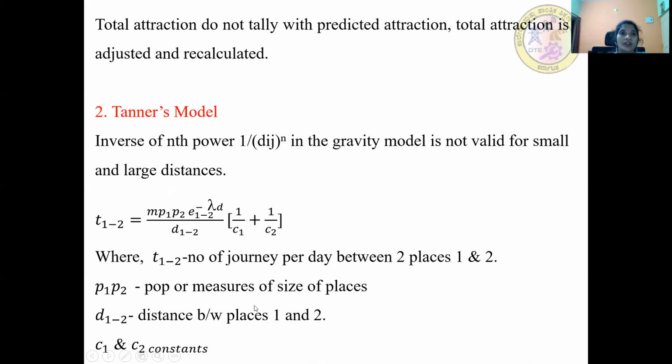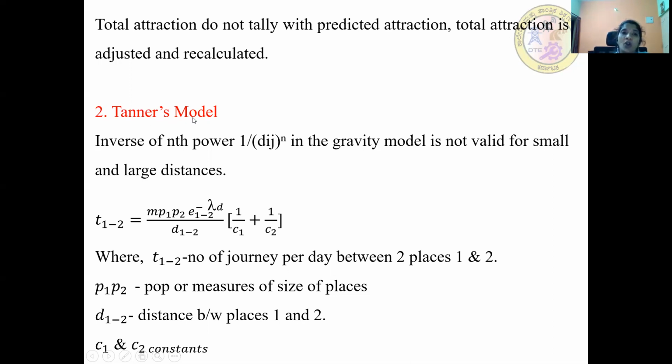The total attraction does not tally with the predicted attraction. So the total attraction is adjusted and recalculated. Once again, you adjust the trip attraction and recalculate. Okay, the next synthetic model is Tanner's model.